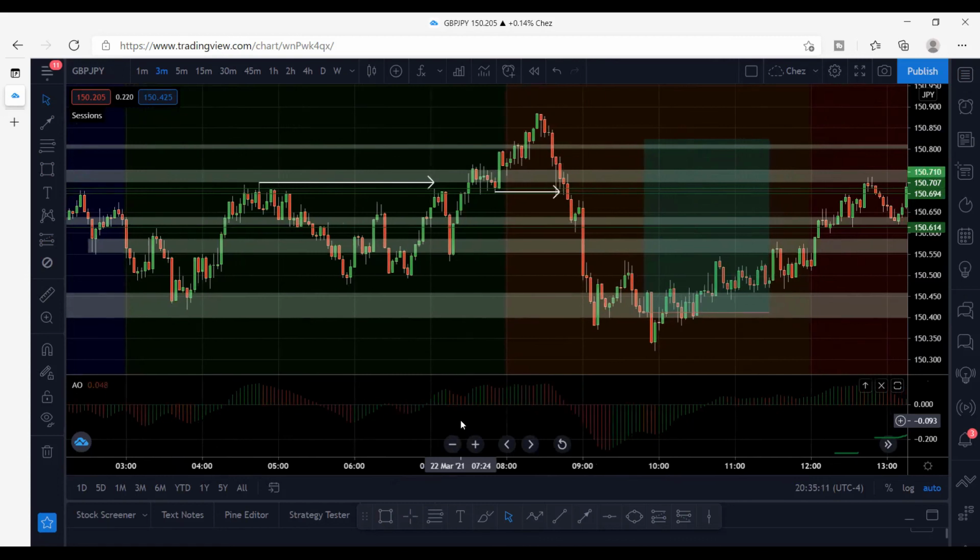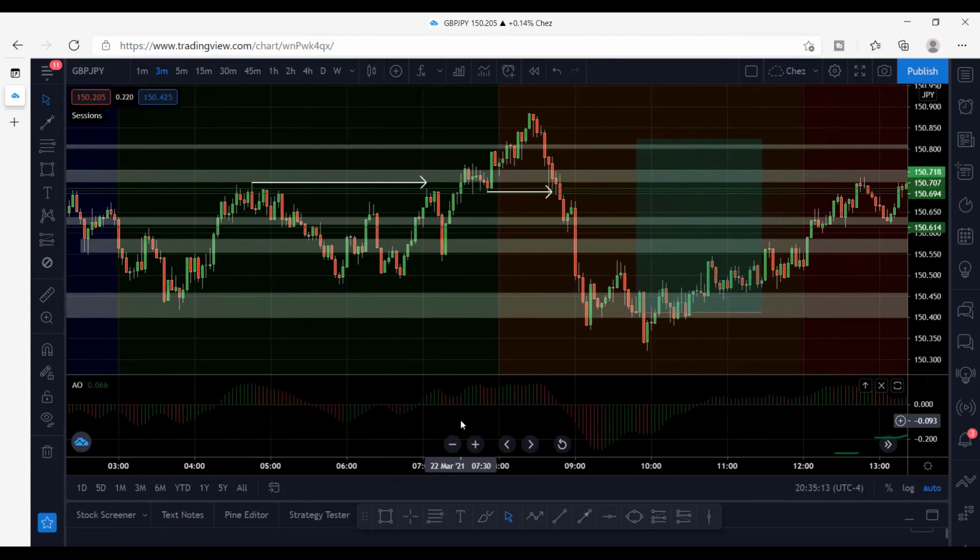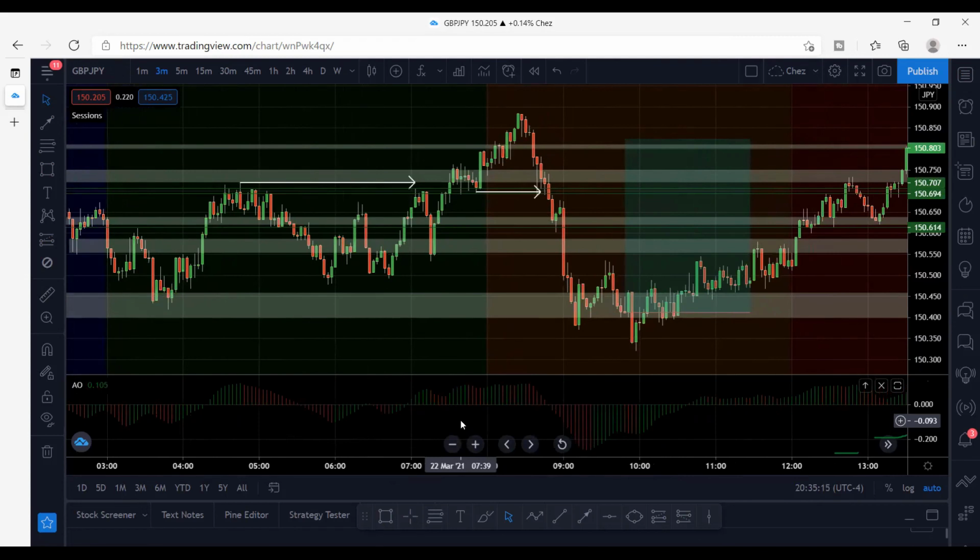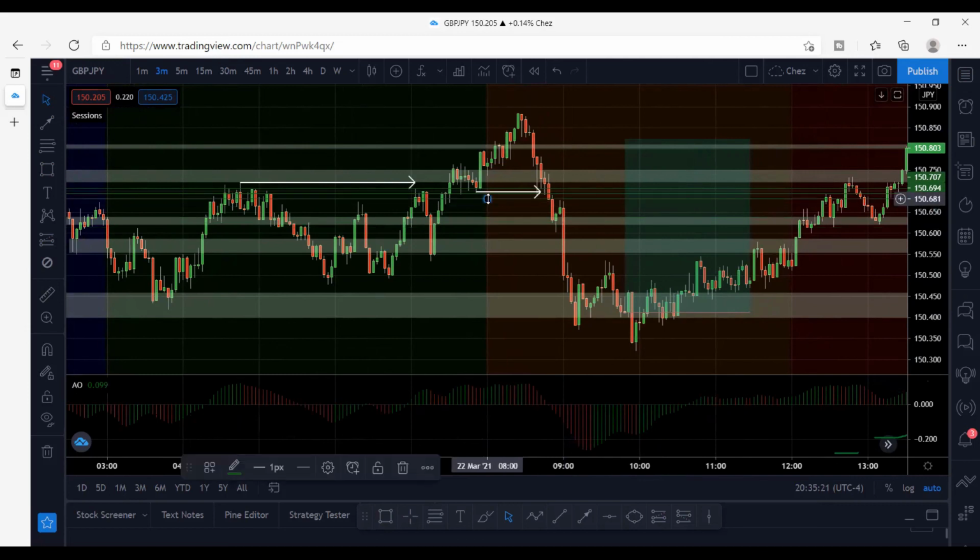Let's go. Almost got taken out, but we didn't. Okay. Let's trail this again right here. So this is the case where our second position actually gave us more profits than our first position.